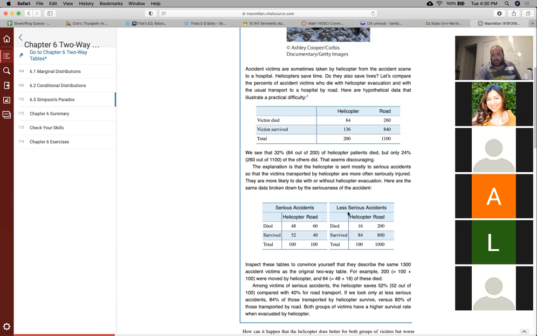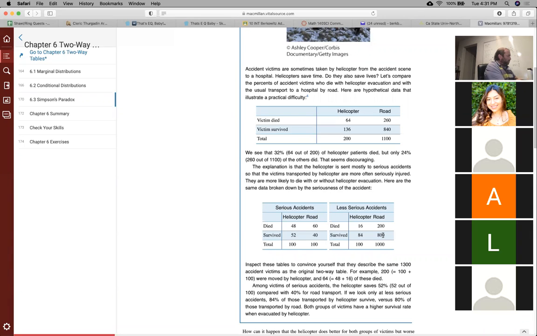For the less serious accidents, what do we notice about these percentages? What's the percentage who survived who went by road? Anyone could do that for me, please? Would it be 20 and 80?